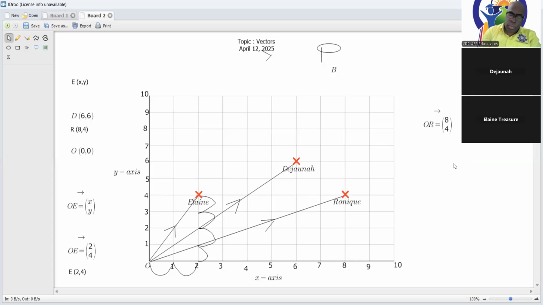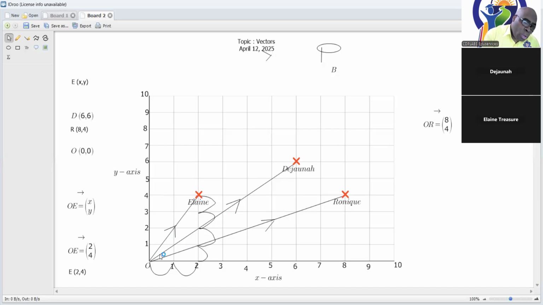Remember the arrow. So if I'm correct, it is 3 on the x-axis and 4 on the y-axis.